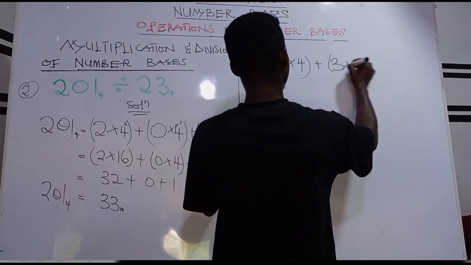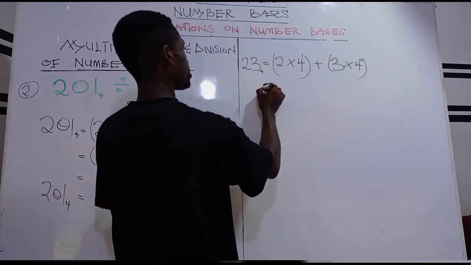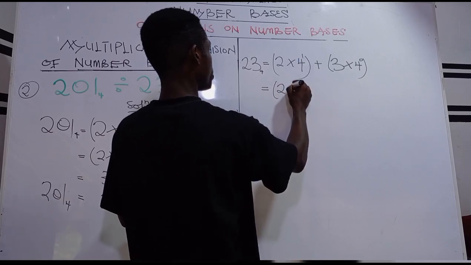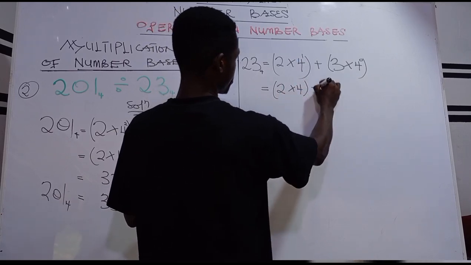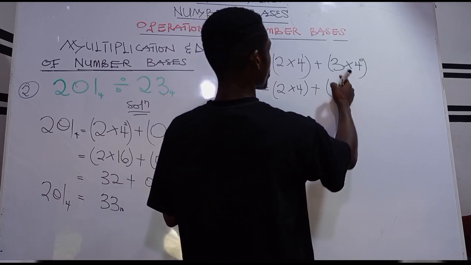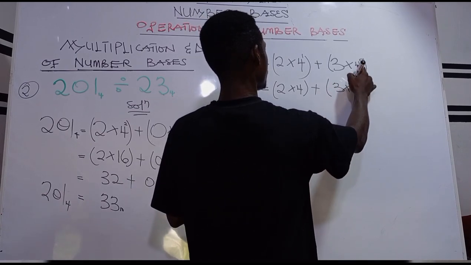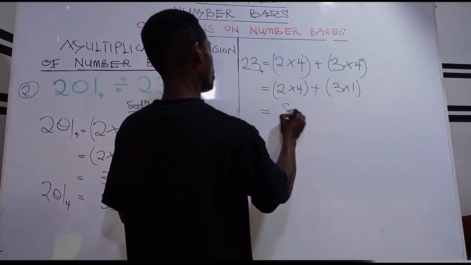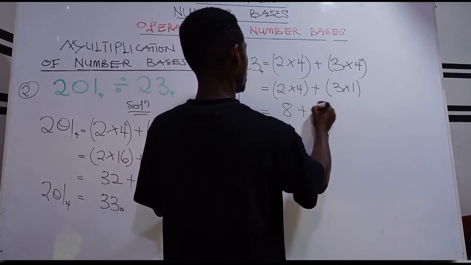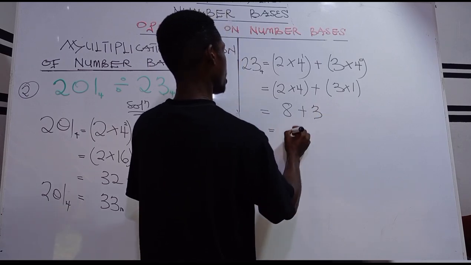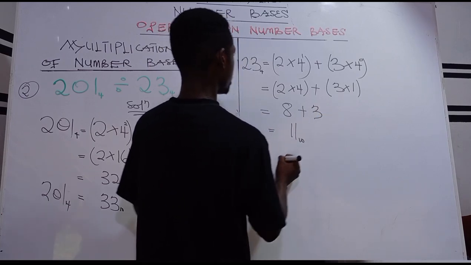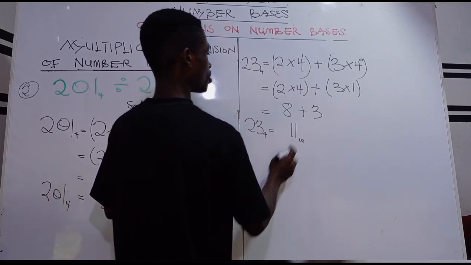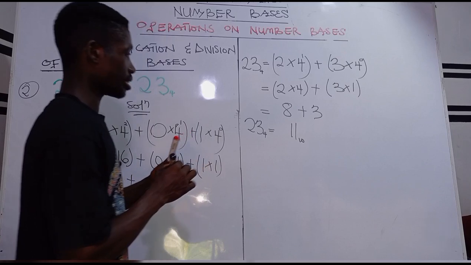Then we start numbering from the extreme right to the left. When we simplify, 4 power 1 gives us 4, and 4 power 0 gives us 1. 2 times 4 gives us 8, and 3 times 1 gives us 3. This gives us 11 to the base of 10. So therefore, 23 to the base of 4 is equal to 11 to the base of 10.